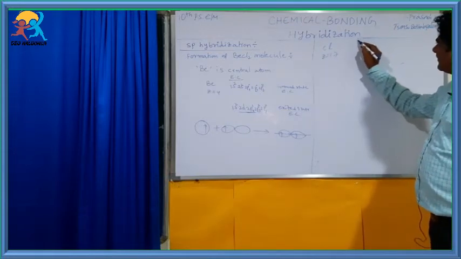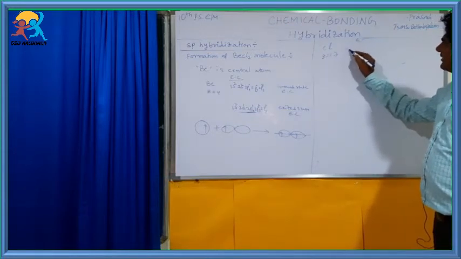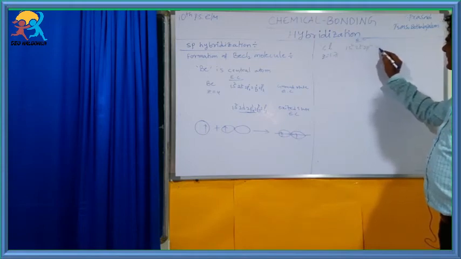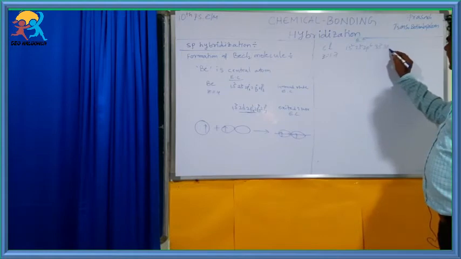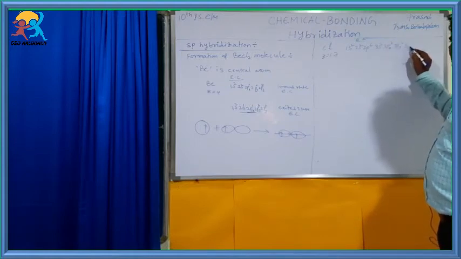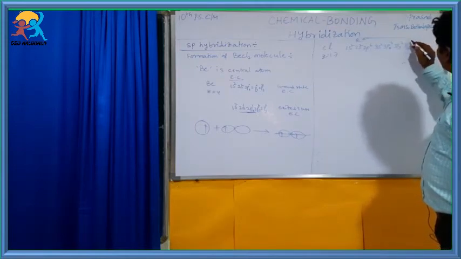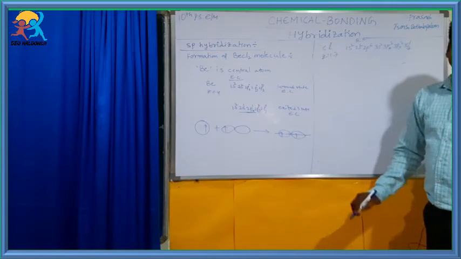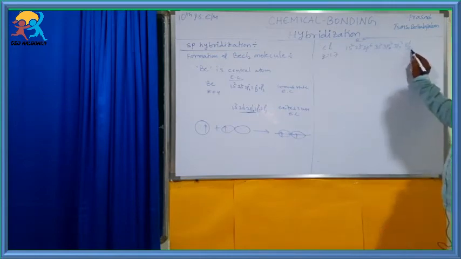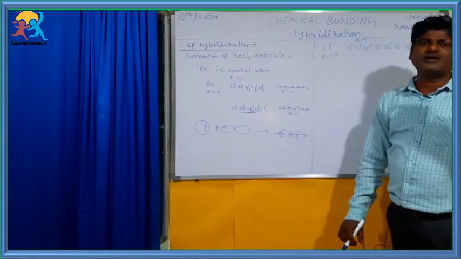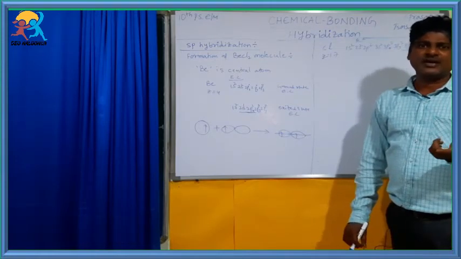Its electronic configuration is 1s2, 2s2, 2p6, 3s2, 3px2, 3py2, 3pz1. Which orbital has the unpaired electron in the chlorine atom? The 3pz orbital has the unpaired electron, so it is ready to form the bond. It is ready to overlap.